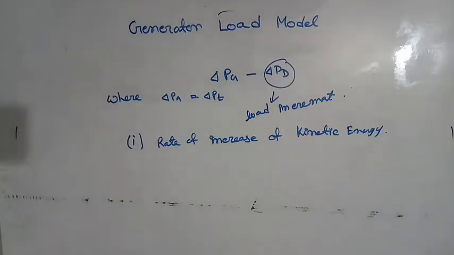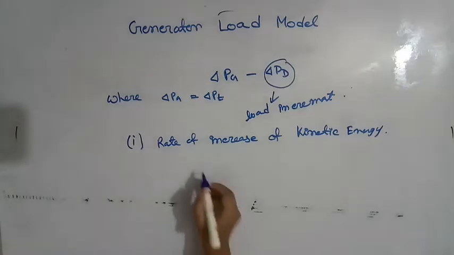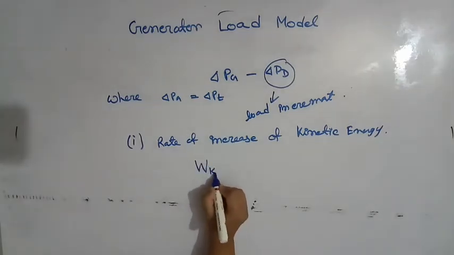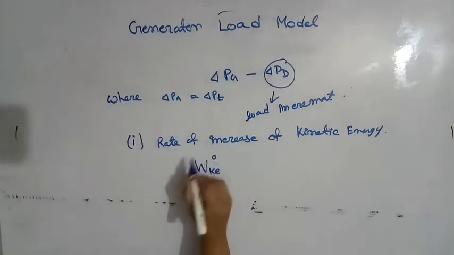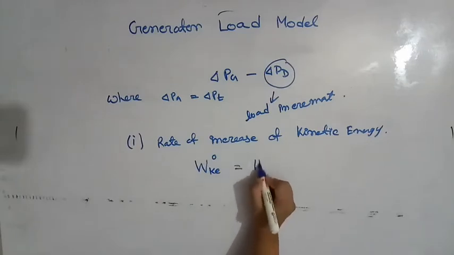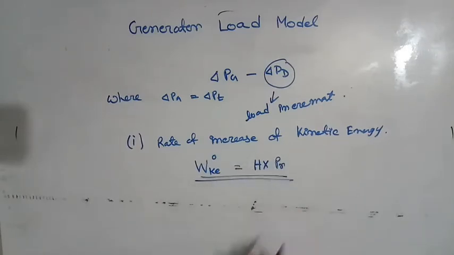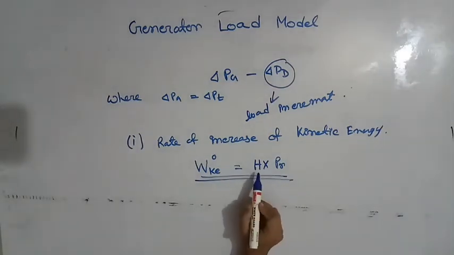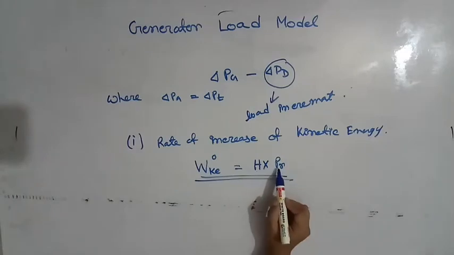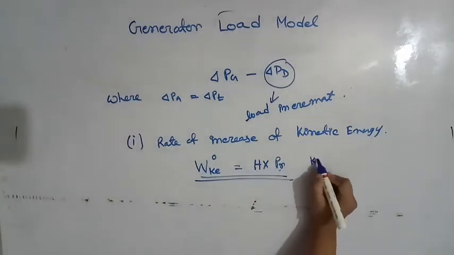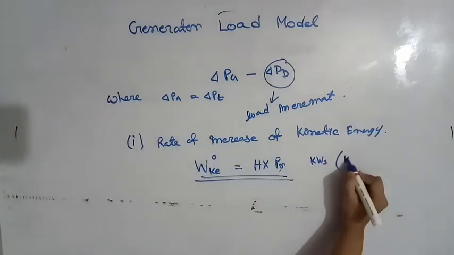In the generator rotor at scheduled frequency F0, the stored kinetic energy WKE0 is equal to H into PR. You all know this equation, where H is the inertia constant and PR is the kilowatt rating of the turbo generator. The unit is kilowatts or kilojoules.